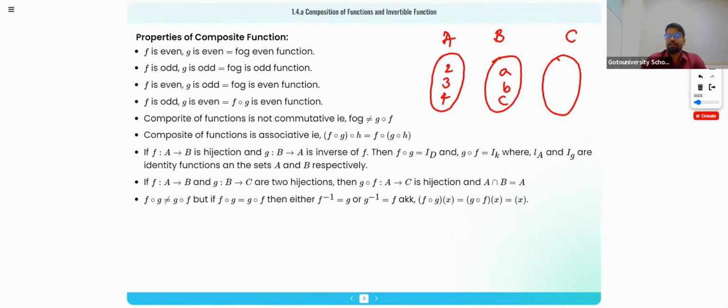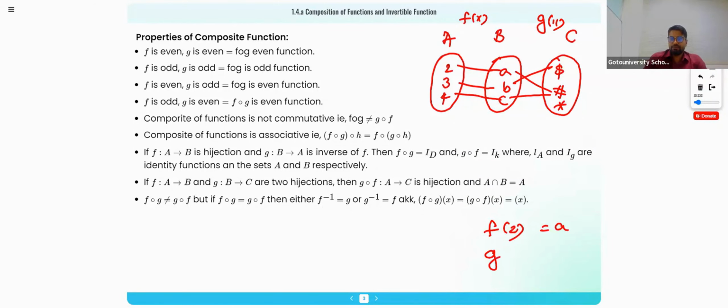So now see here, let this be A to B be f of x and B to C be g of x. Now what is f of 2? It is A, and g of A is, you can see, hash symbol.